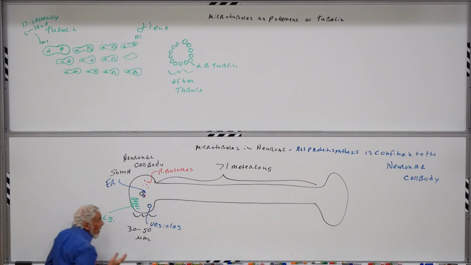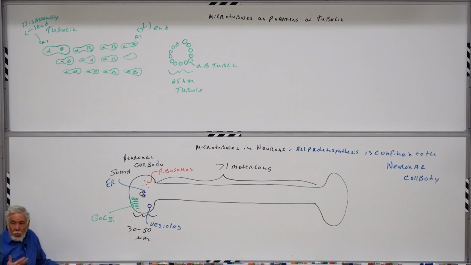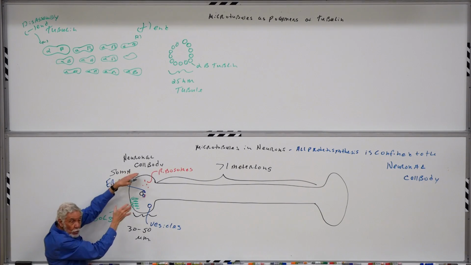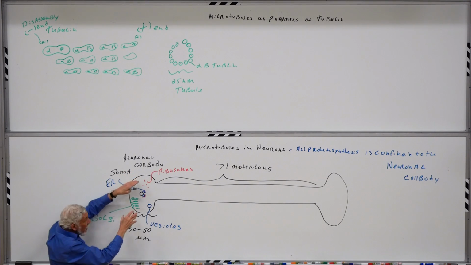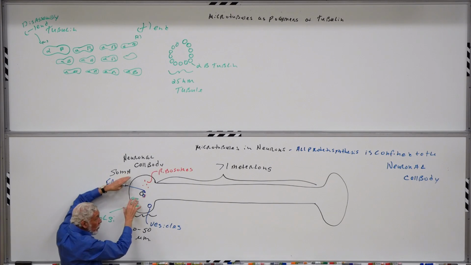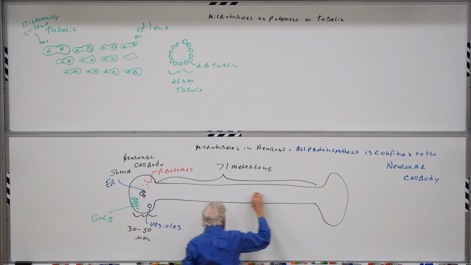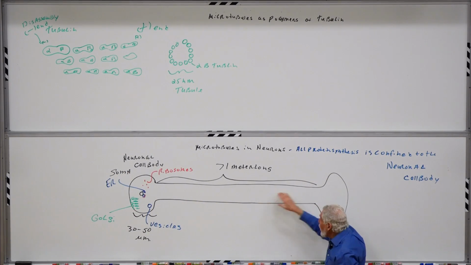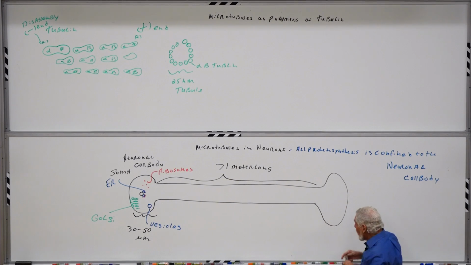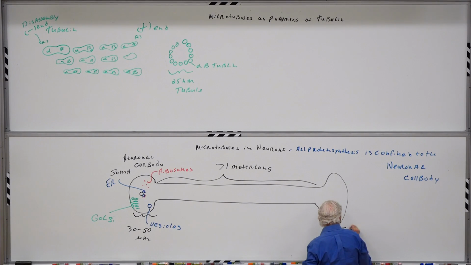So this sets up a kind of logistical problem for the neuron. All of its factories to make protein are relegated to the neuronal cell body. But yet those proteins that are being generated here in this region of the neuron have to be used all along the length of the axon, and particularly down here in the region of the neuron known as the output region.